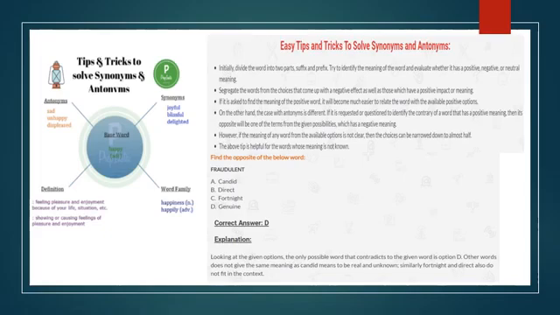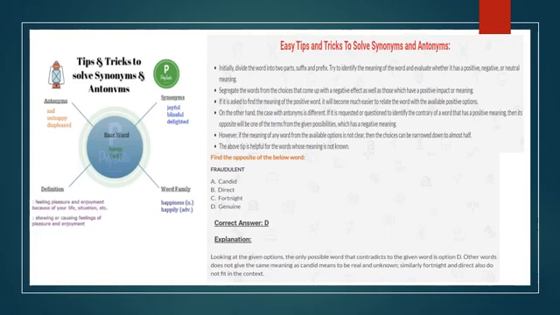If you are asked to identify the contrary of a word that has a positive meaning, then its opposite will be one of the terms from the given possibilities which has a negative meaning. However, if the meaning of any word from the available options is not clear, then the choices can be narrowed down to almost half. The above tip is helpful for words whose meaning is not known to you.